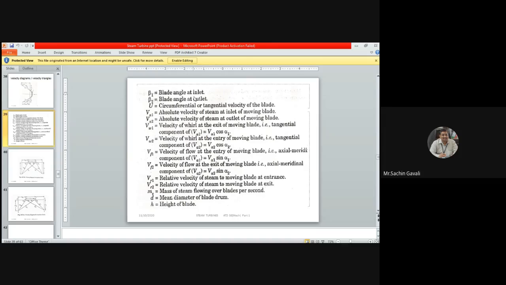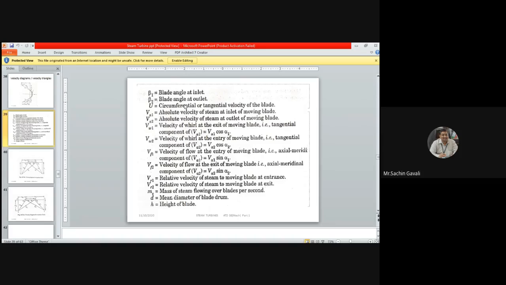Anybody? Beta 1 and beta 2 in terms of VR1 and VR2, define them. Beta 1 is the angle made by the VR1 relative velocity component with the horizontal.